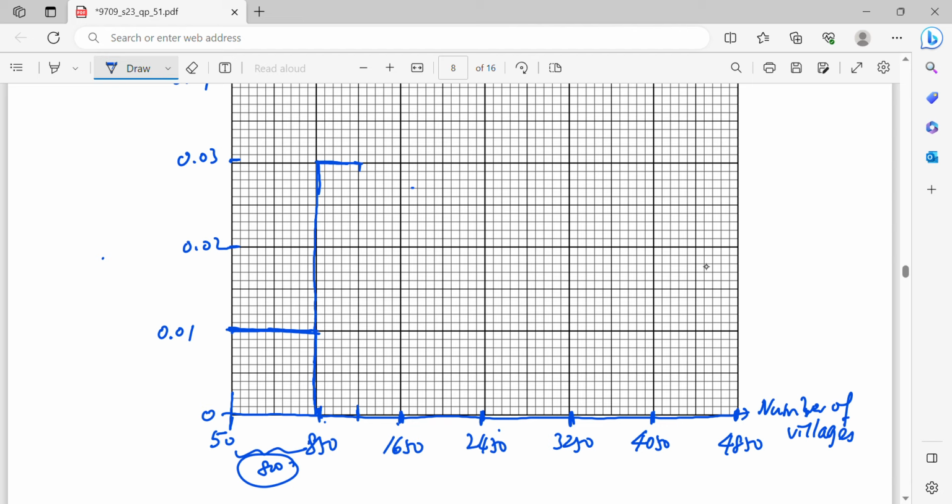Okay, so when you draw, please use ruler.